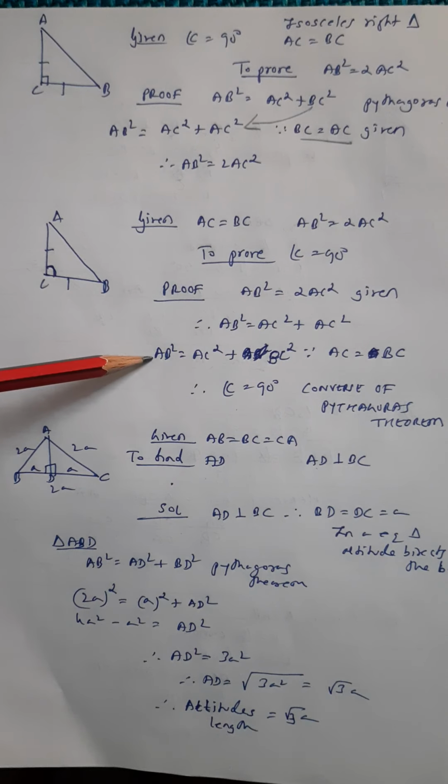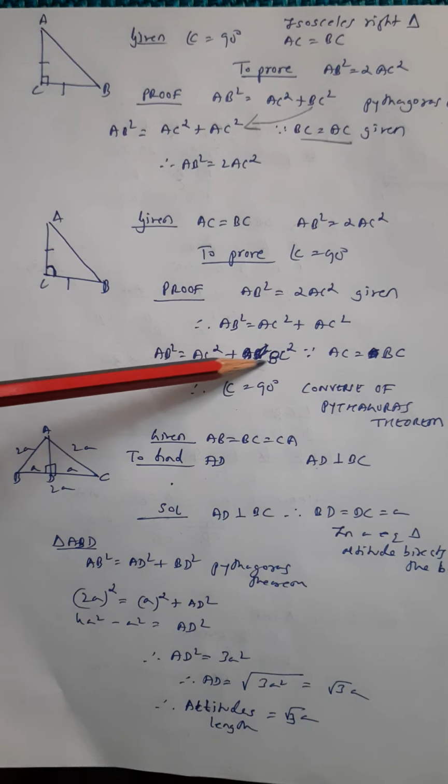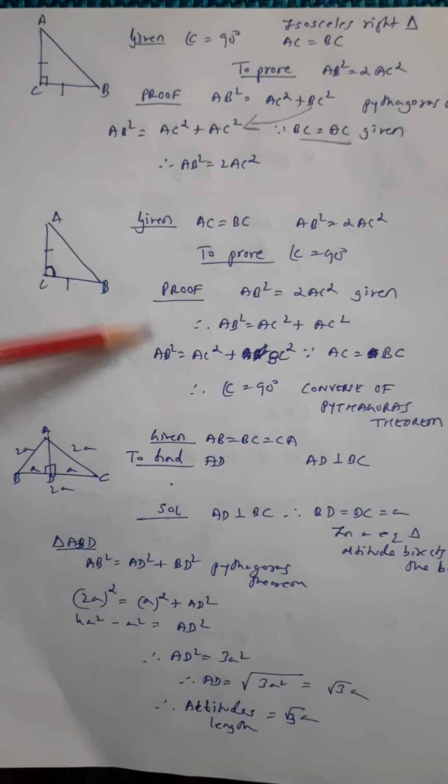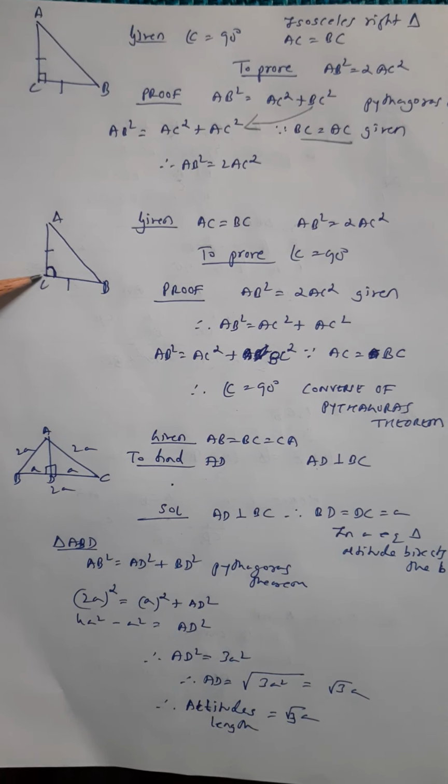So here AB square is equal to AC square plus BC square satisfies that condition. That means AB is the hypotenuse and the angle opposite to the hypotenuse will be 90. So conclusion, we can say angle C is 90, hence proved.